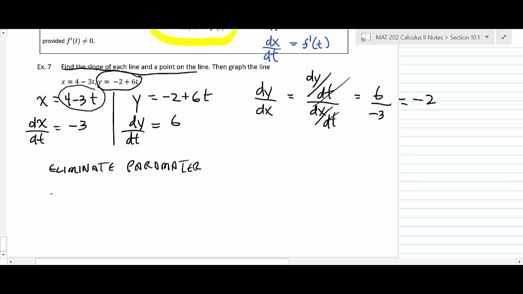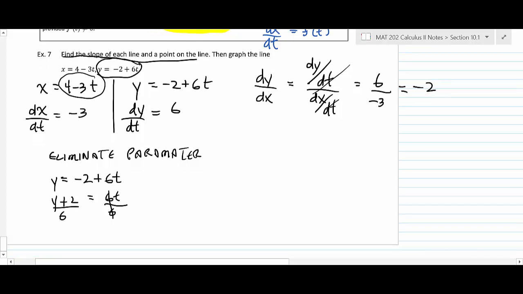I'm going to take the parameter equation for y, and I'm just going to solve that for t. So if I do that, I would move the 2 to the other side to get y plus 2 equals 6t. Then I can divide by 6. So I end up getting t is equal to y plus 2 over 6.